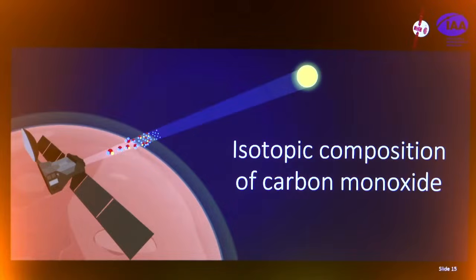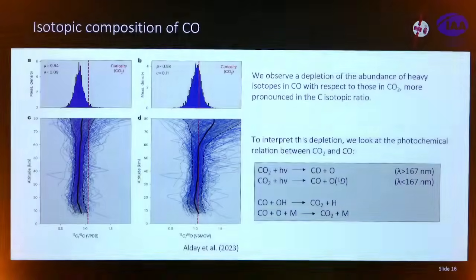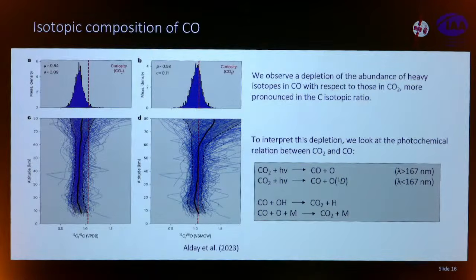The last exploration regards carbon monoxide. And here the story is also quite fascinating. So we have here profiles showing many data compiled together, from which we were able to statistically derive a profile for 18O over 16O, C13 over C12.